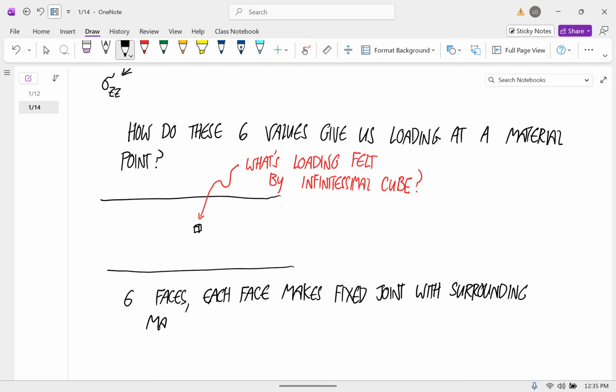So what kind of loads are applied to an object by a fixed joint?